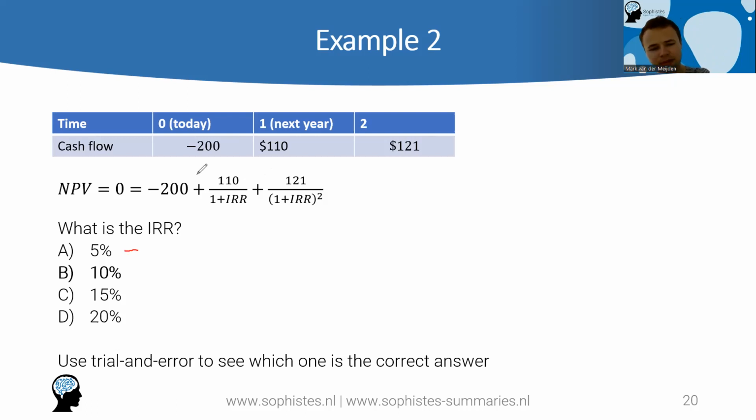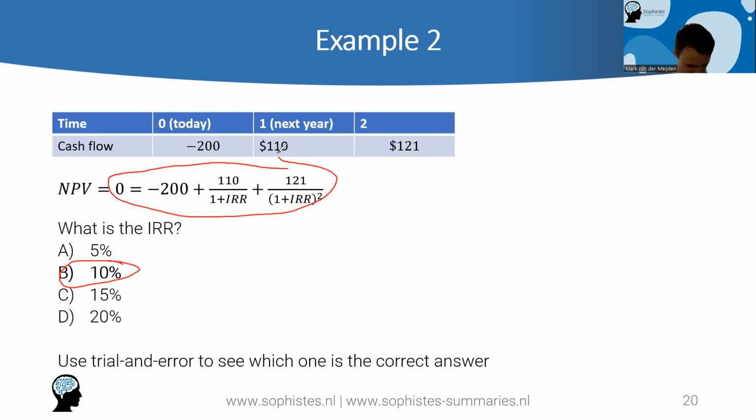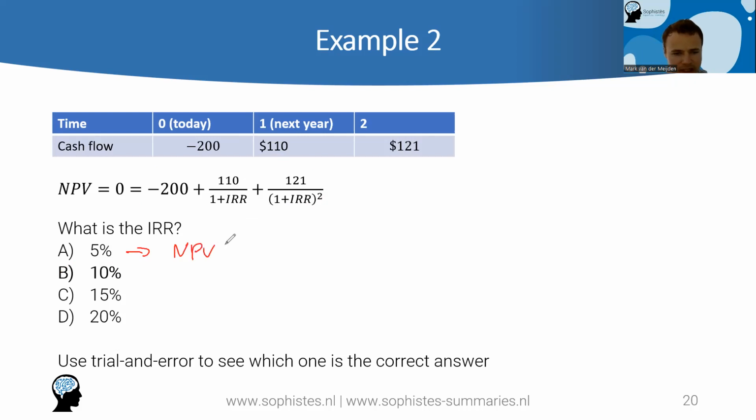Get a really big NPV, right? So here, if I try 5%, I get, I don't know what the number is, but it's way bigger than 0. Then I try out this 10%. So I fill it in into this formula, I put it into my calculator. And then I see, hey, this one gave me an NPV exactly equal to 0. And then I know, all right, answer B is the correct option.